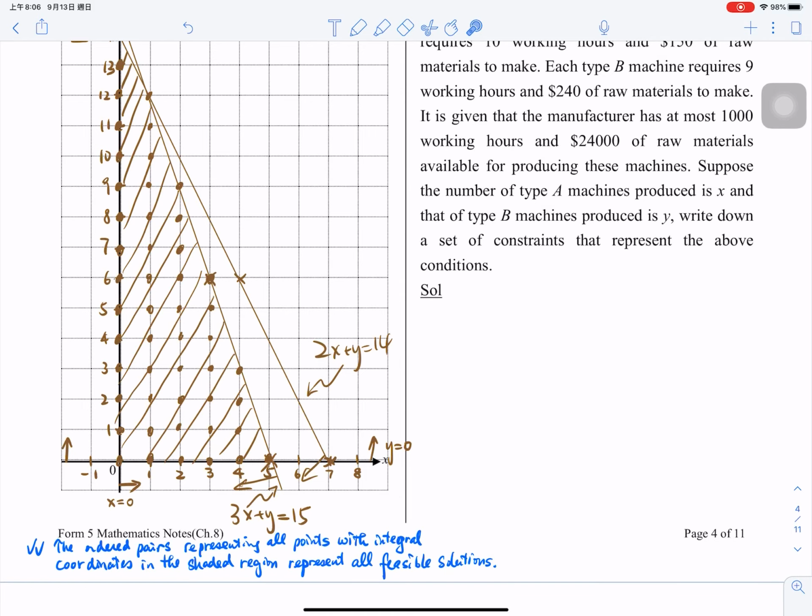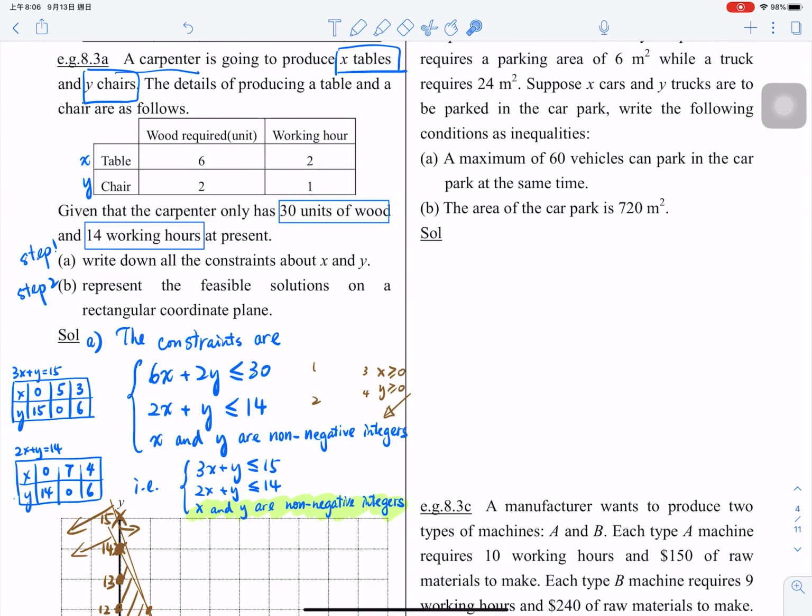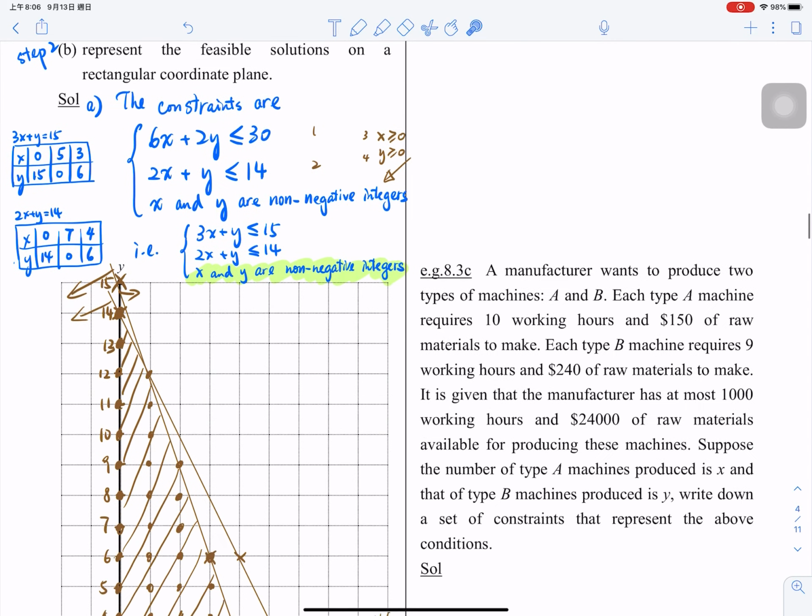Okay, so have a look once again. Find out all the constraints according to the question with certain conditions. Okay, then draw the straight lines. Remember whether x and y have conditions or not. This time non-negative integers.